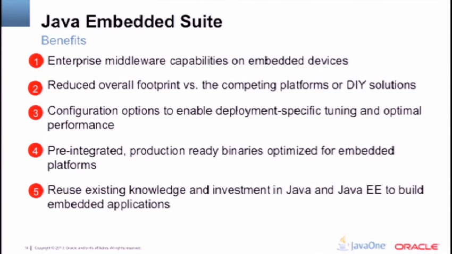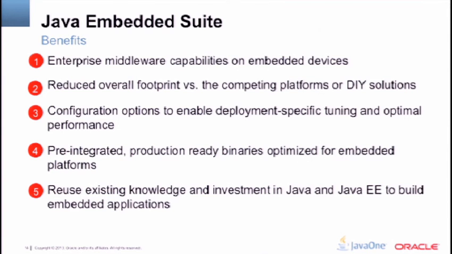But we know that you can't just take a Tomcat and run it on a little Raspberry Pi. You could potentially, but you'll have performance issues. Definitely not WebLogic. So we've taken GlassFish and shrunk it down. We've reduced the overall footprint versus competing platforms or DIY solutions. You can take things and put them all together and have a stack running.